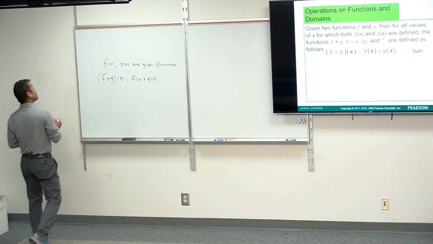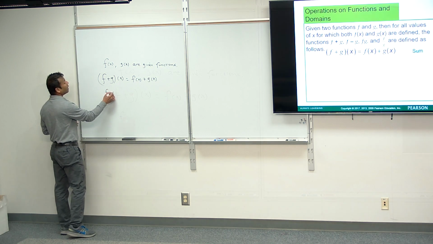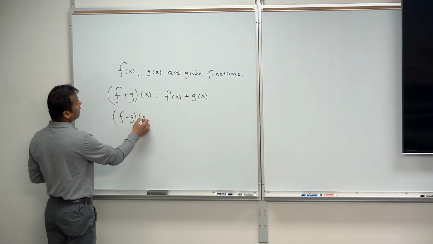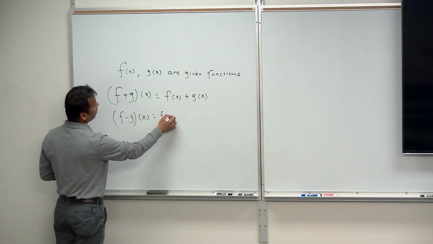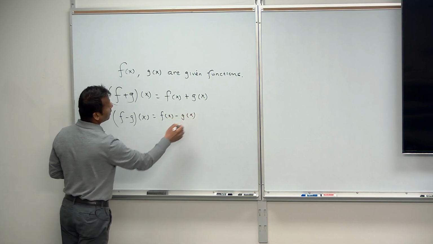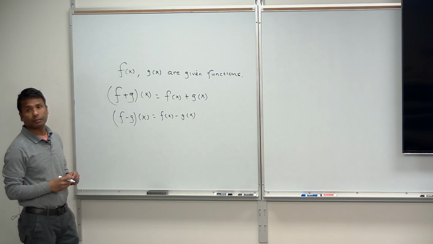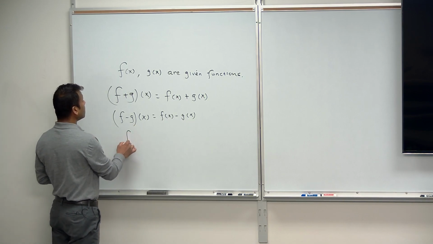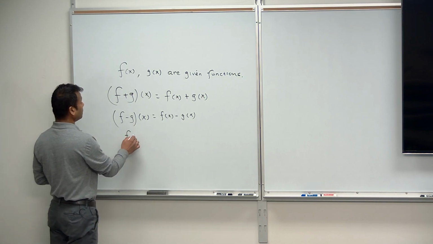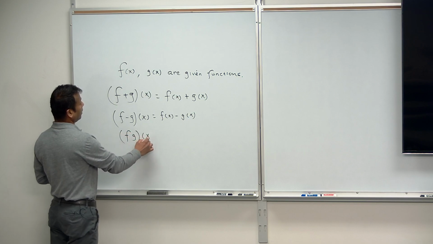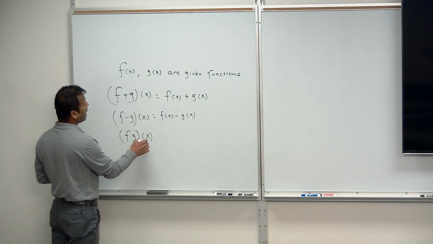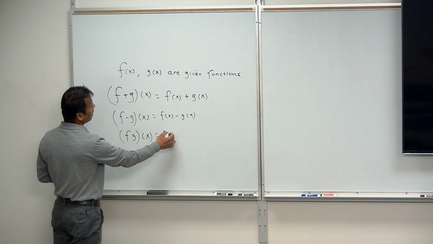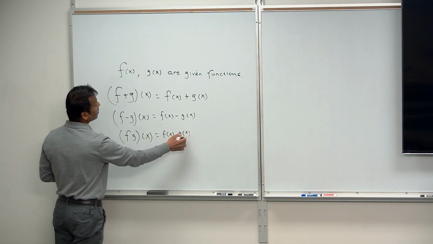The difference is defined in the same way. If you have (f minus g)(x), this is the same as f(x) minus g(x). Okay? And the multiplication, or the product, (fg)(x) is the same as f(x) times g(x).